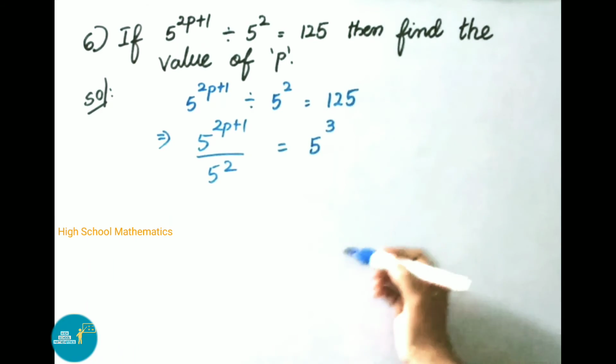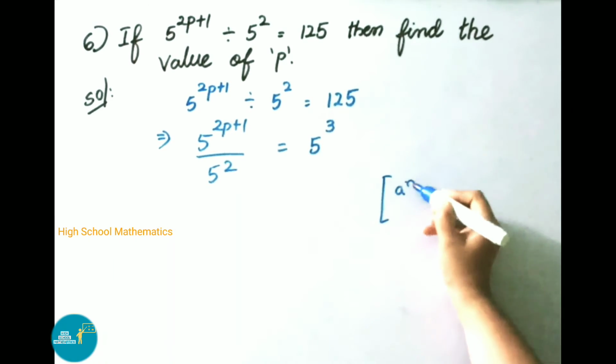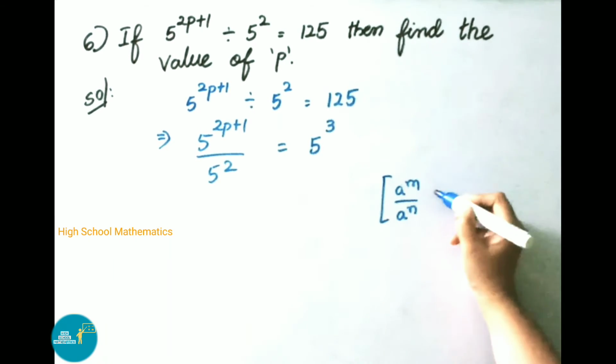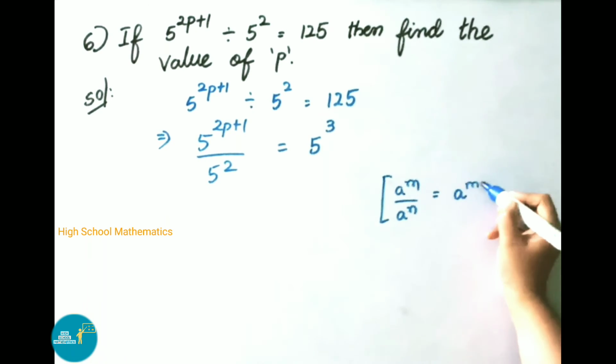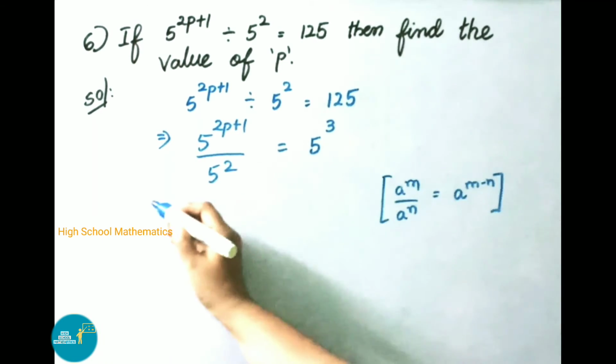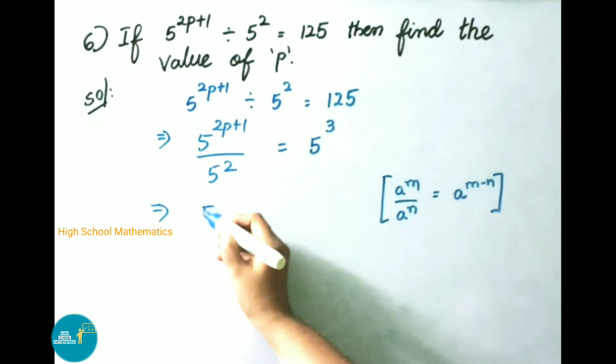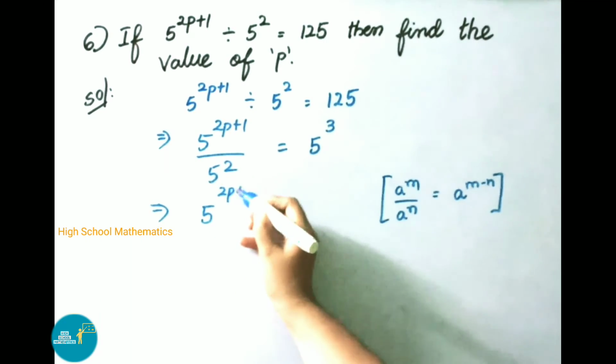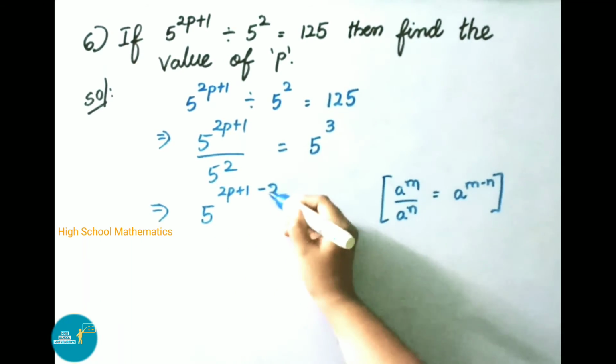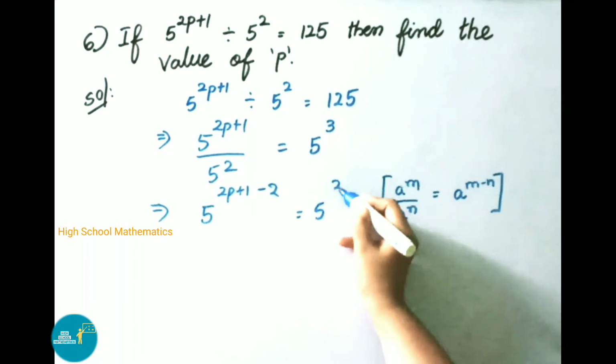Now this is looking like a power m by a power n, that equals a power m minus n. So we shall write 5 power 2p plus 1 minus 2 equals 5 power 3.